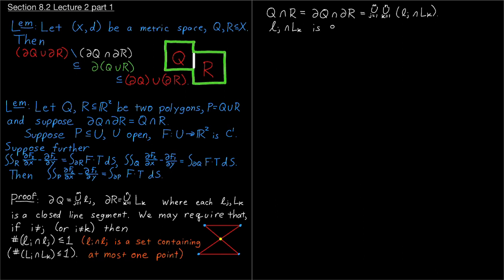So that is empty, 1 point, or a line segment. It might be all of L_j, it might be all of L_k, it might be only part of one or the other.